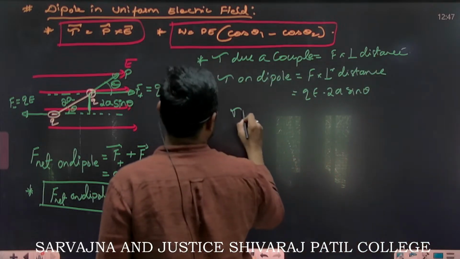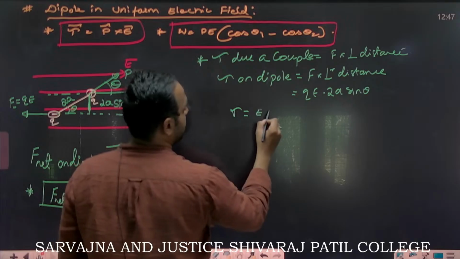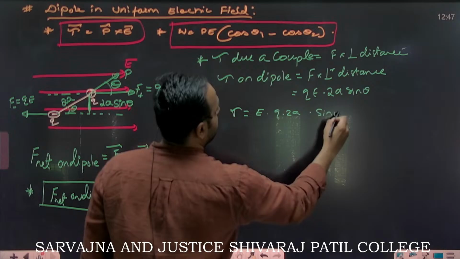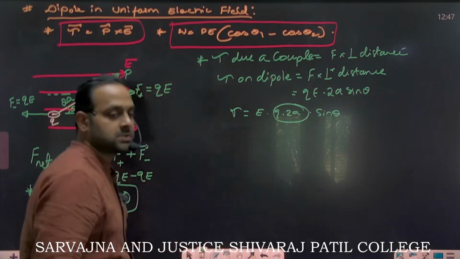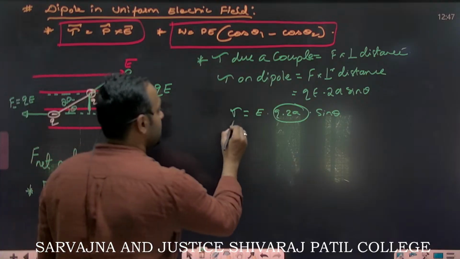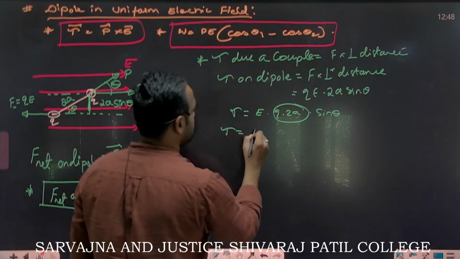Now this torque can be written as E into q into 2a into sin theta. What is q into 2a? q into 2a is nothing but p.